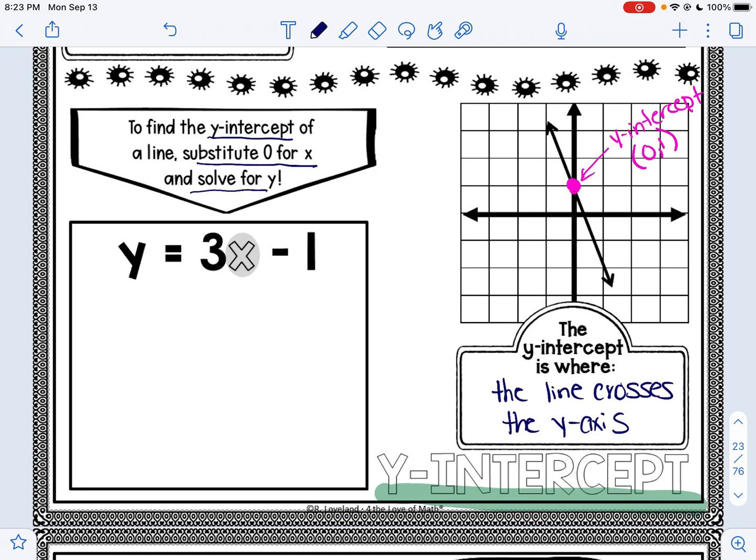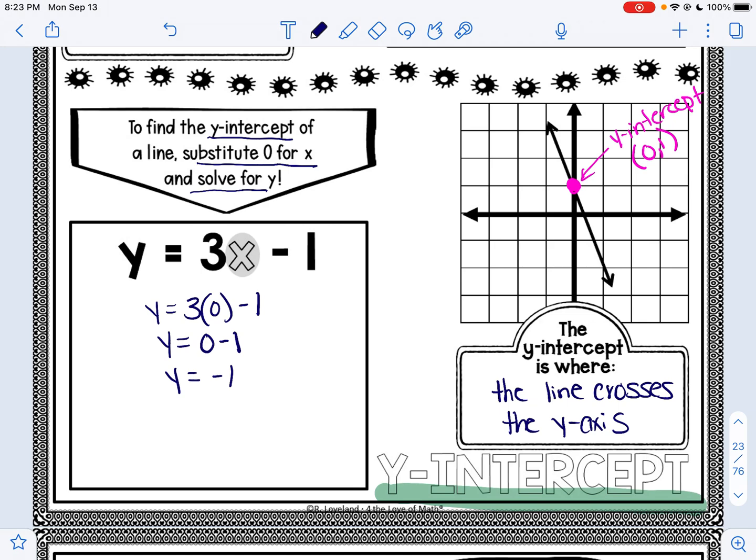to find the y-intercept, we're going to replace this x with 0. That would give us y = 3 times 0 minus 1. That would be y = 0 - 1, because 3 times 0 is 0. 0 minus 1 is -1.